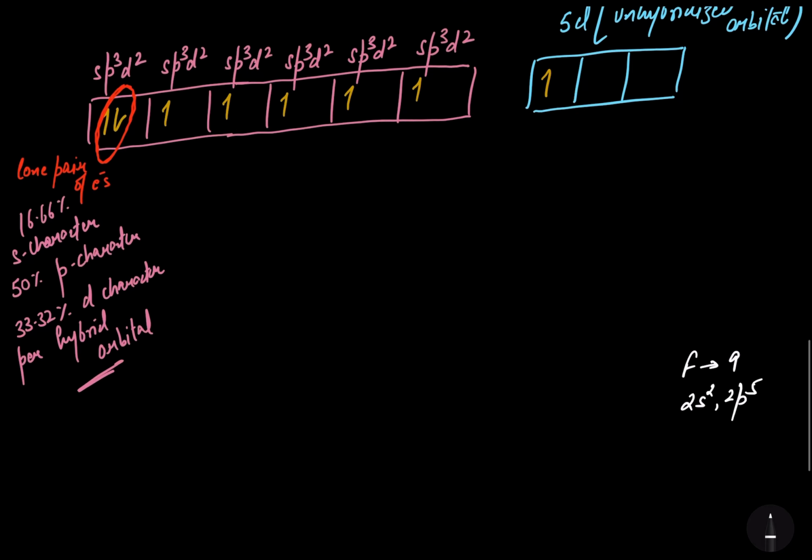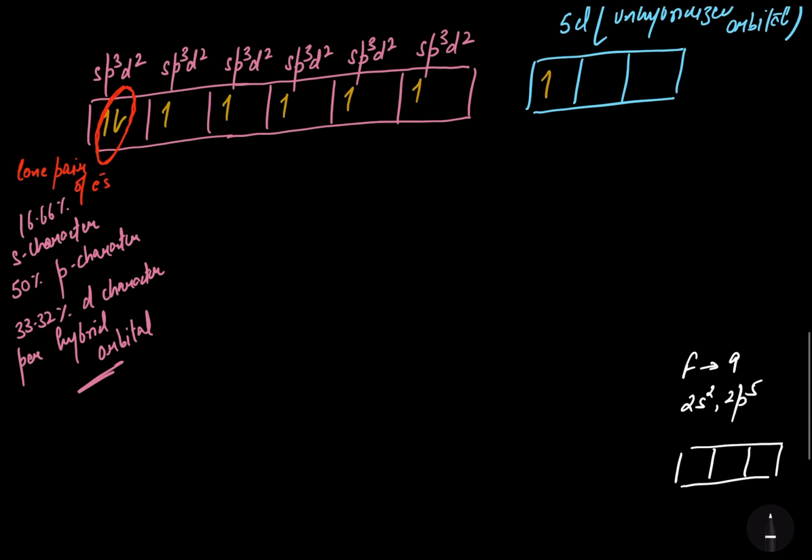So let's make the 2p subshell, which has 3 degenerate orbitals. Now it has 5 electrons: the 1, the 2, the 3, the 4 and the 5th. So here we are left with one atomic orbital which has 1 electron, and that atomic orbital is going to overlap. So let's talk about the bonds.